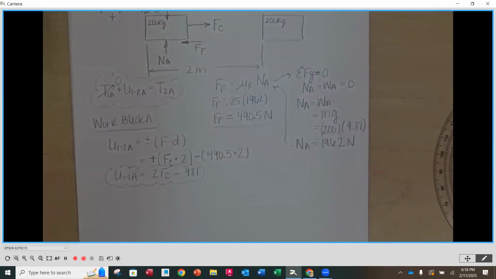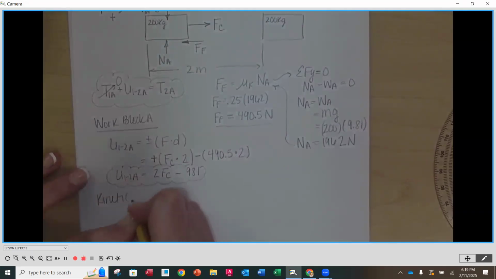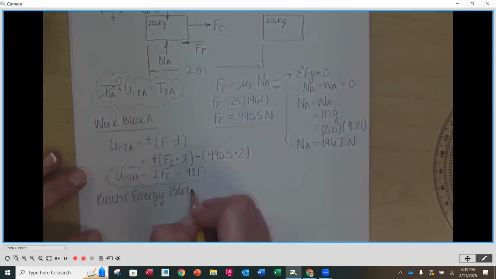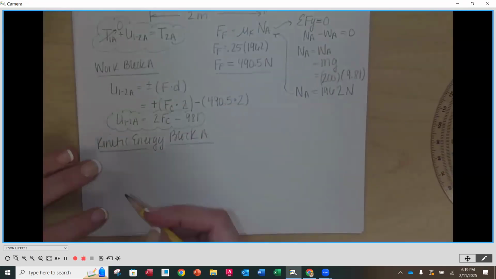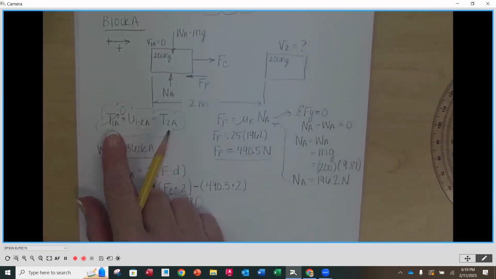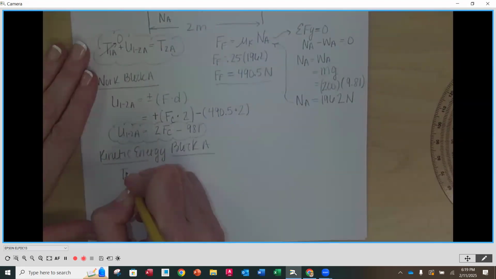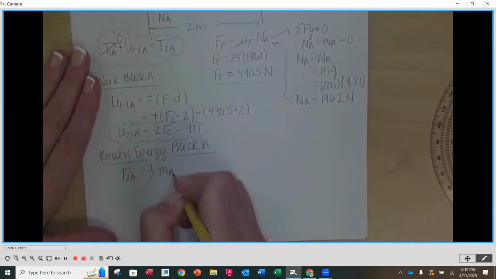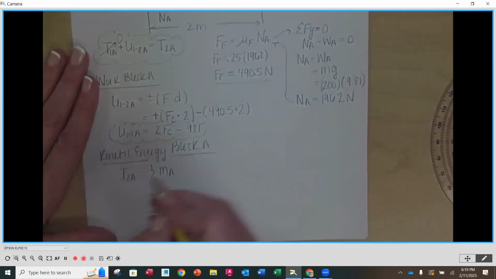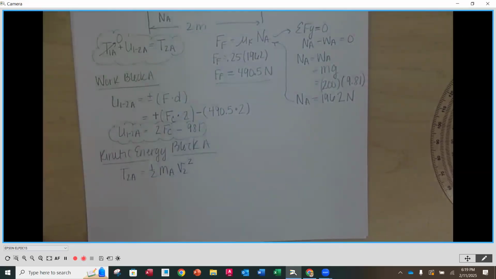Now we're going to look at the kinetic energy of block A. We know that the kinetic energy 1 is 0. So we're going to be working on kinetic energy 2. So kinetic energy 2, T2A, is going to be equal to 1/2 m, the mass of block A, times velocity 2, and we're going to square that value.